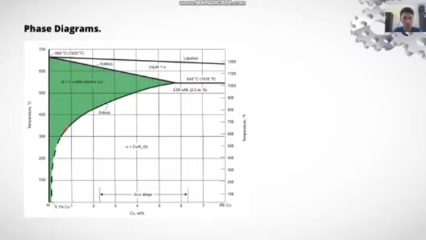This is the solvus line, solidus, liquidus, liquid plus alpha. The change in solubility limits with temperature is described in an essential tool of metallurgy, the phase diagram.